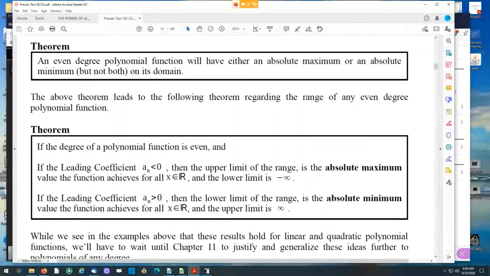So if, again, the polynomial function is even degree, and if the leading coefficient, the one in front of the largest degree term, is negative, then the upper limit of the range is the absolute max. That will have an absolute maximum. And if the leading coefficient is positive, it's going to have an absolute minimum at its lowest point, and then on both sides it will go up to plus infinity.